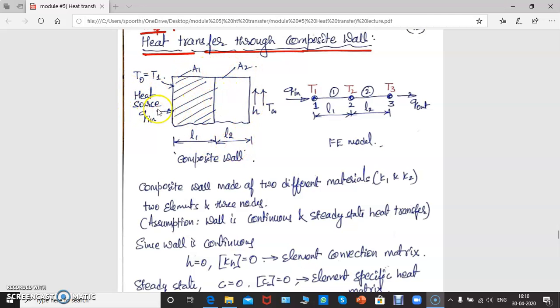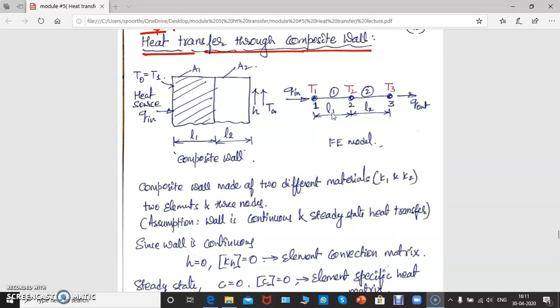Now there is a heat source, heat is flowing from left to right. There is convection happening on the extreme right, that is what is shown in the figure. Okay, so how do we get the finite element equations here?